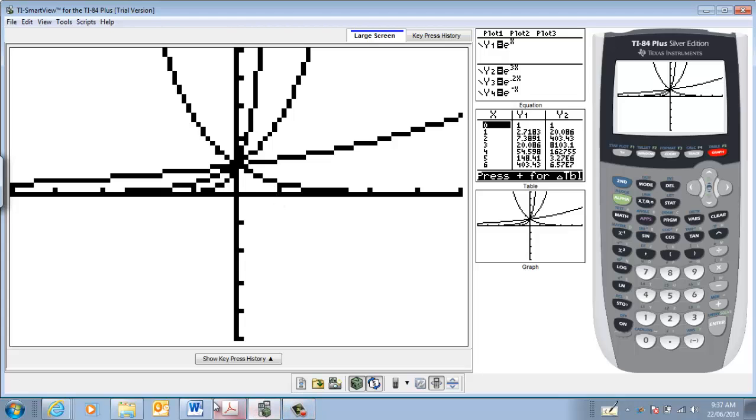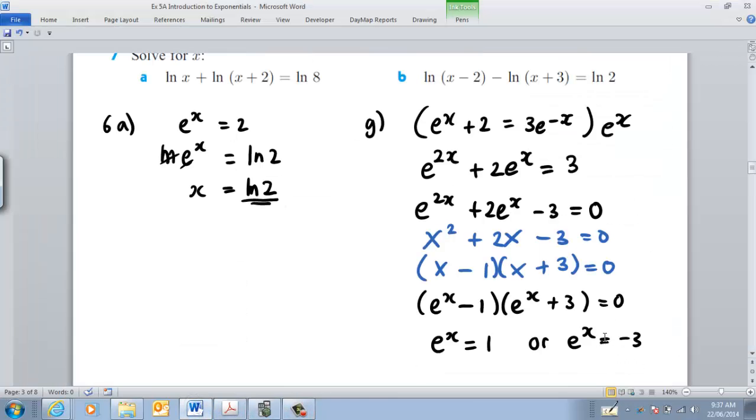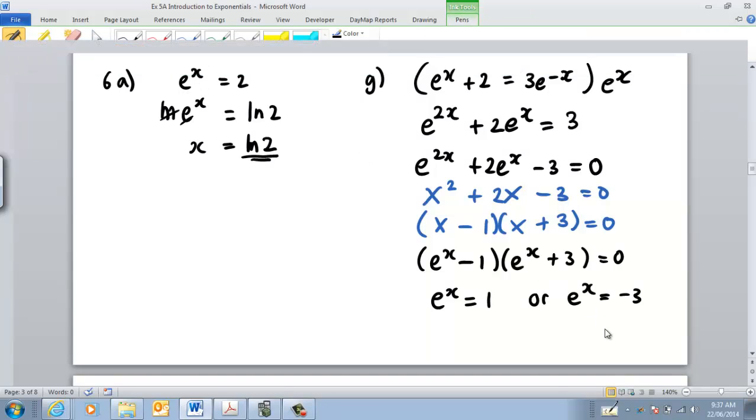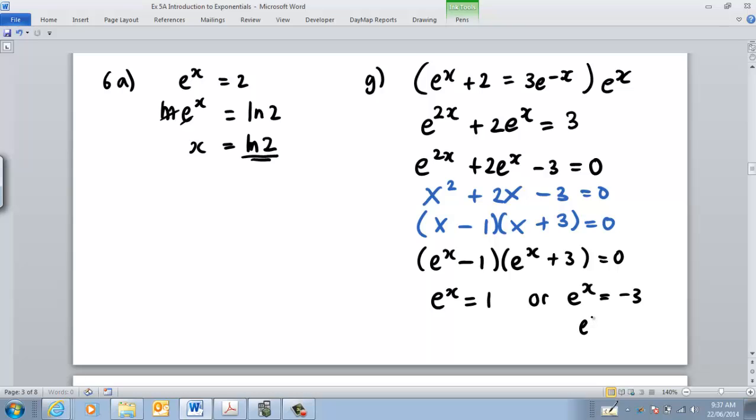And it always has to be positive. So therefore, what we can say for this one over here is, and you need to use mathematical terminology with that, which is really important for doing this, we need to say that e to the x has to be greater than 0, so therefore that's not possible. Alright?